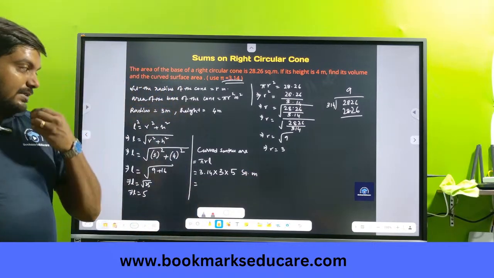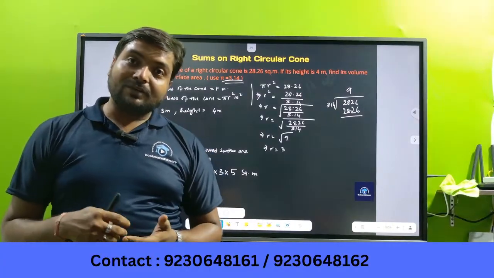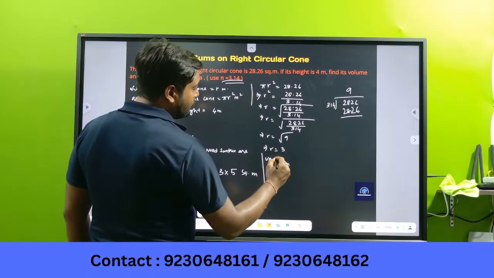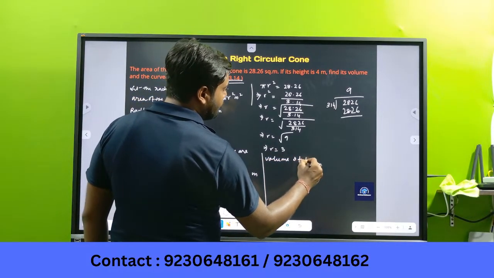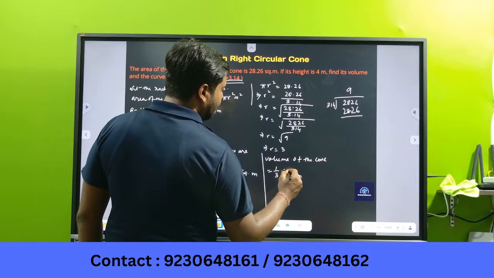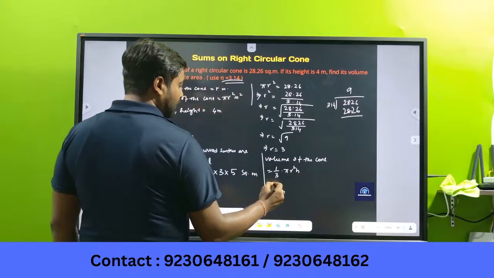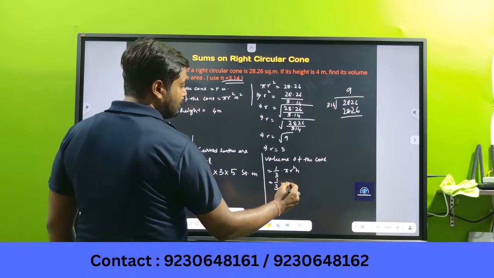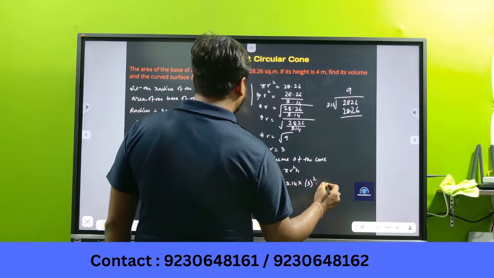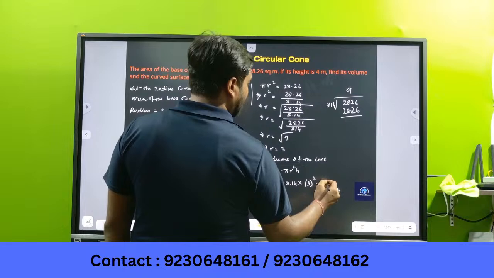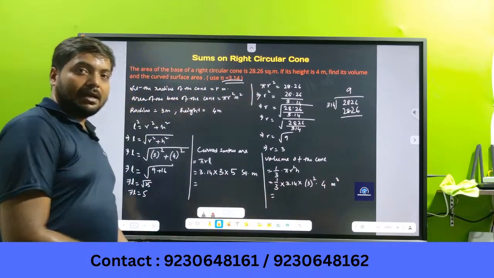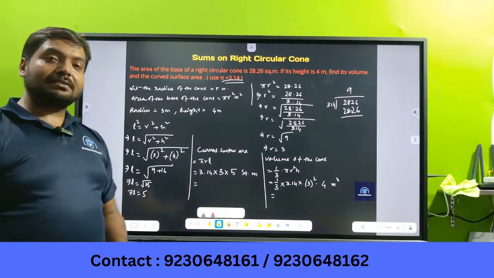So you are asked to find the answer and comment the answer, and we will verify the answer. And the volume of the cone will be 1/3 pi R square H, and that is 1/3 3.14, and R is 3 and H is 4 and meter cube. Also solve this sum and write down your answer in comment box.